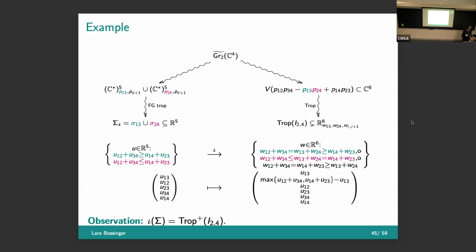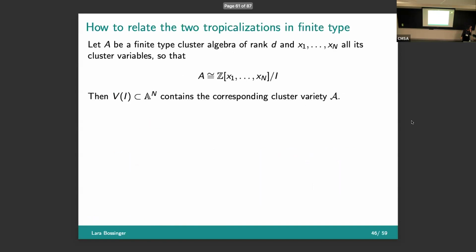Okay. Great. So let me give you a simplified general statement here. I start with a finite type cluster algebra of rank D, so n plus m is D now, and I consider the set of all its cluster variables, 1 to capital N, which is now the complete set of cluster variables, not just for one seed.